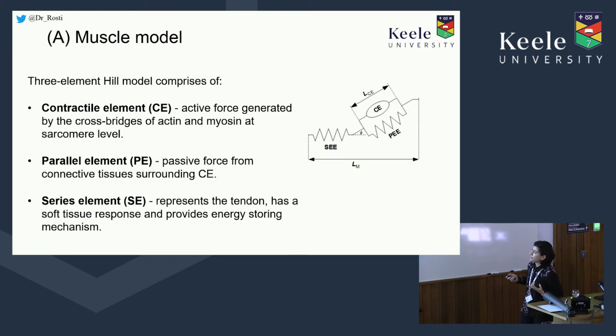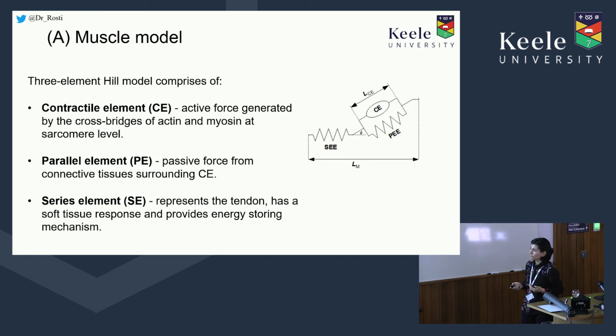And you have another nonlinear spring model that takes into account how the surrounding tissue within the muscle affects the overall behavior. So that whole thing tells me how a muscle should behave, and this is based on experimental research.